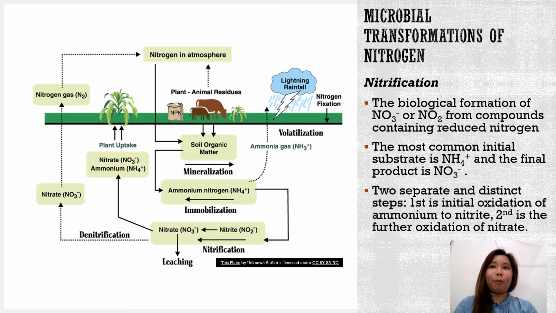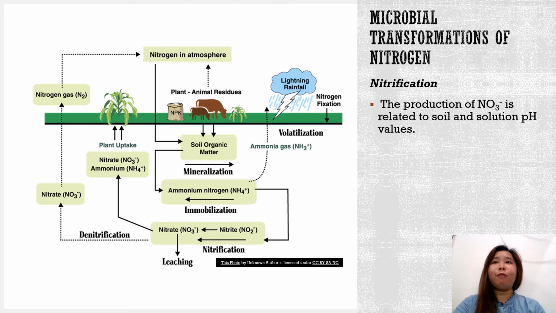There are two separate and distinct steps in this process. First is the initial oxidation of ammonium to nitrite, that is NO2 minus. Second is further oxidation of nitrite to nitrate, that is NO3 minus.